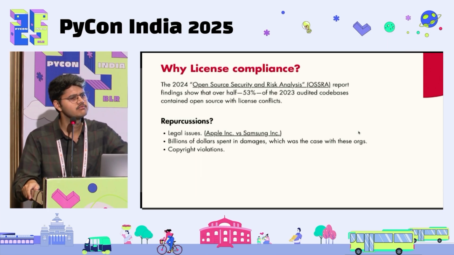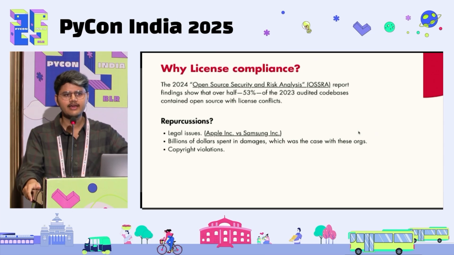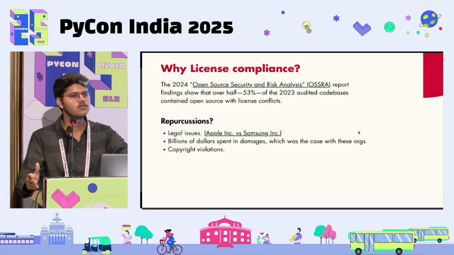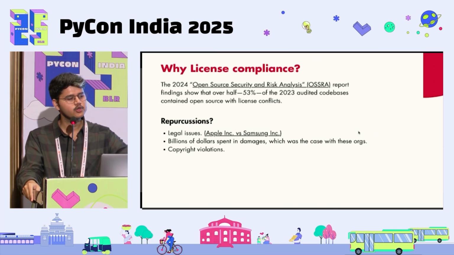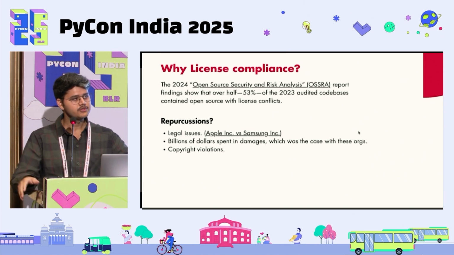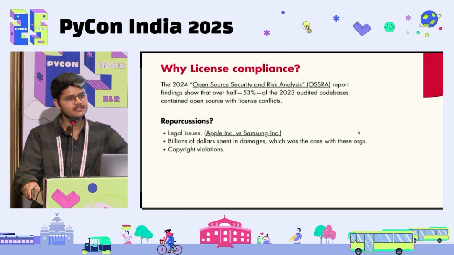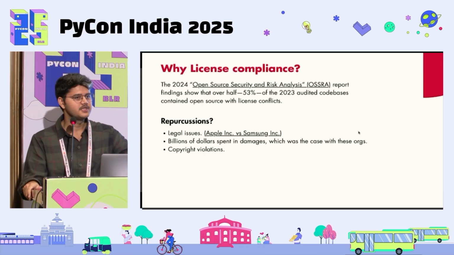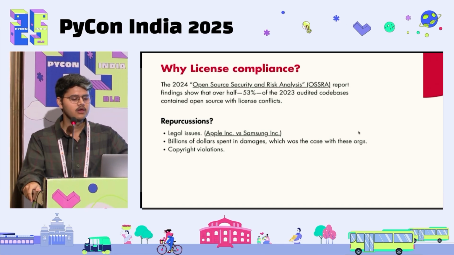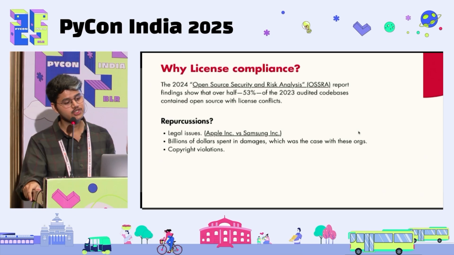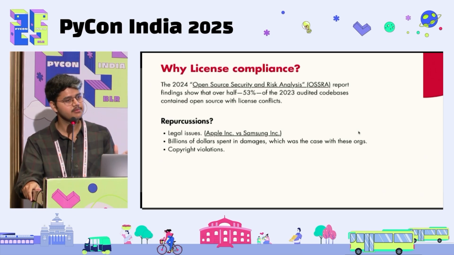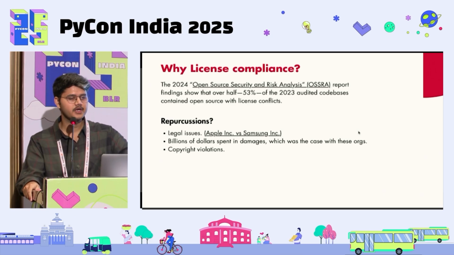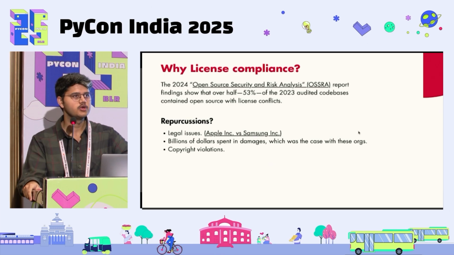So you might think, why license compliance? Why is there a need for such a thing? What is the impact of it? Just to put things into perspective, here are some numbers for you. The Open Source Security and Risk Analysis report, OSSRA, published by Black Duck, is a very famous report on security and risk analysis. It has shown that over half, that is 53%, of the open source code bases audited in 2023 had licenses with conflicts.